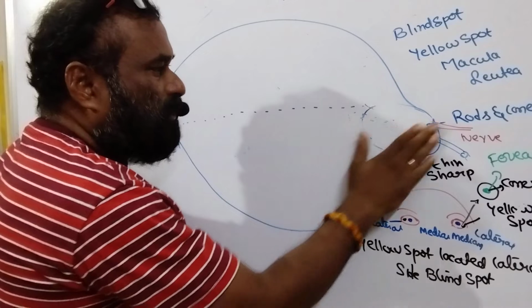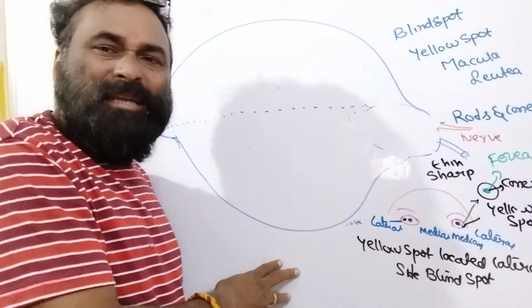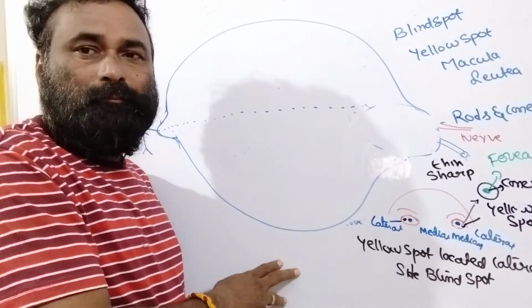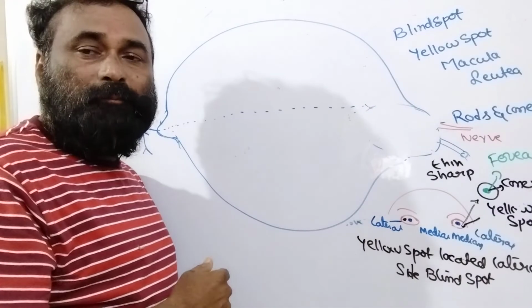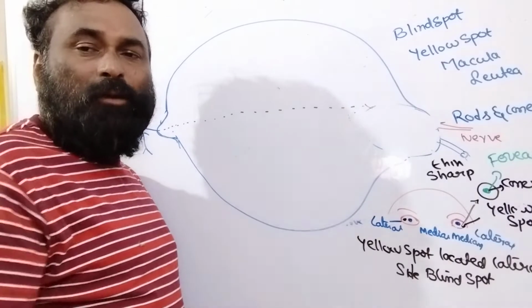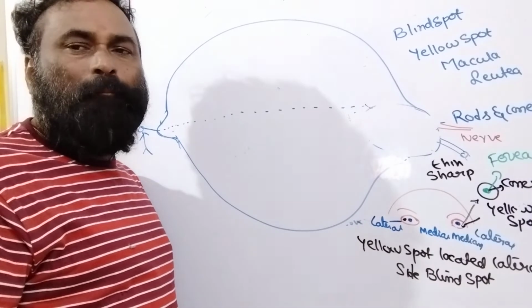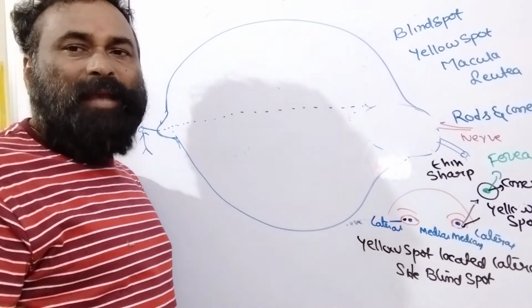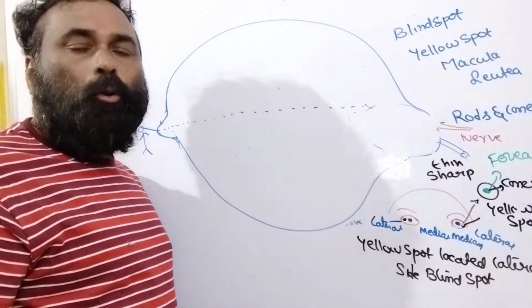So, again I am saying, the structure of the blind spot and yellow spot. The blind spot is the exit of the eyeball and has no rods and cones. It is where the optic nerve exits and blood vessels move for the supply of blood to the eyeball. For that, it is not useful for photoreception.